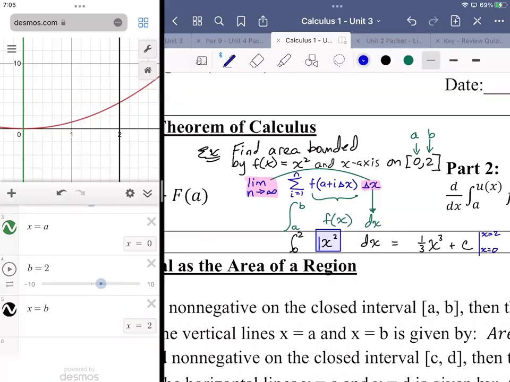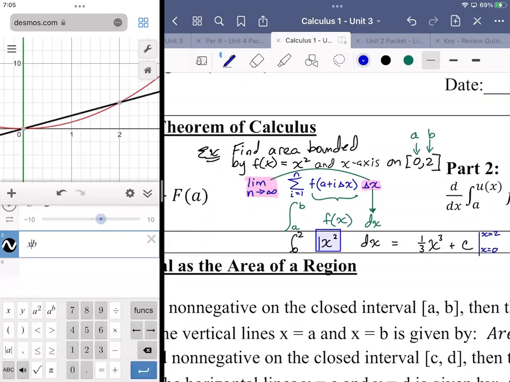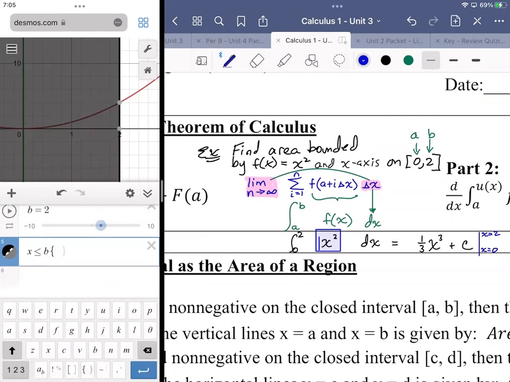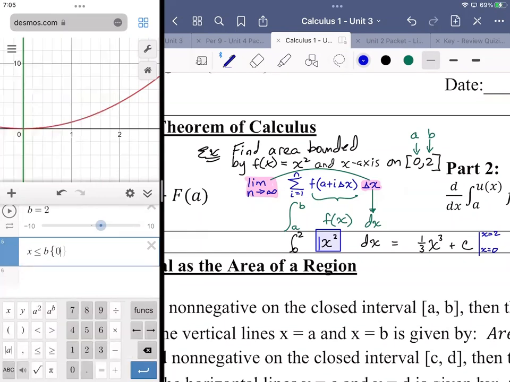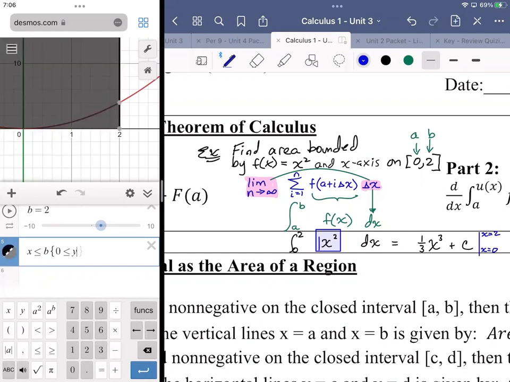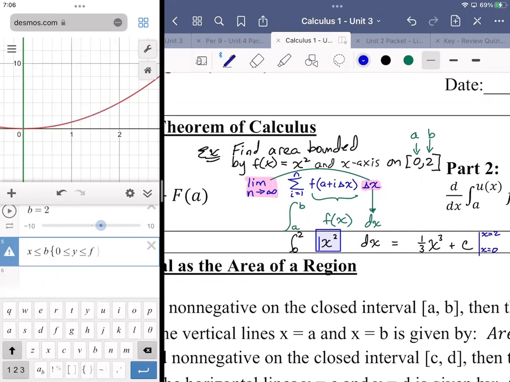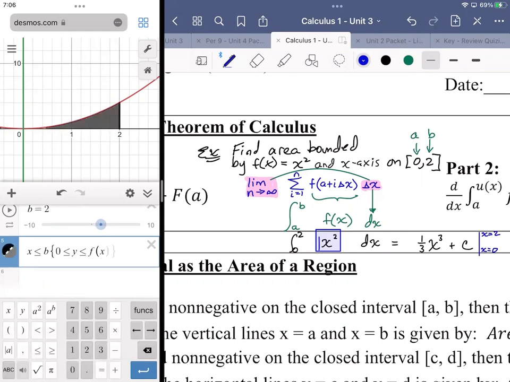So what that would be in this case would be x is less than or equal to b, but also such that it's between the function, let's see if I remember how to do this, 0 less than or equal to y less than or equal to f of x.